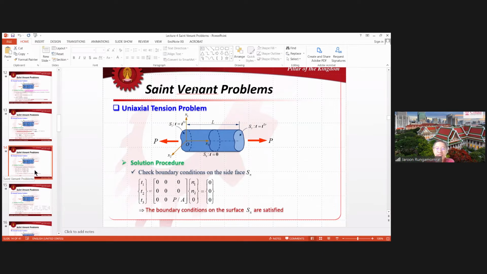So it still remains to verify the boundary conditions at the left end and at the right end, right?